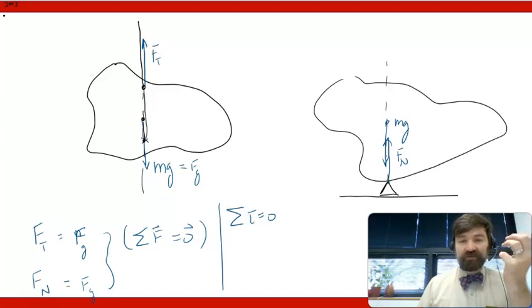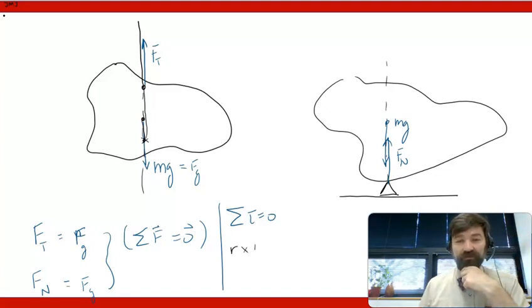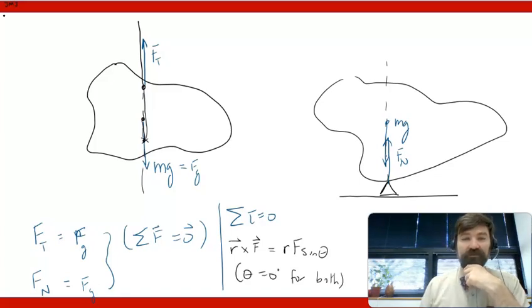And in fact, the direction is such that when I do r cross F for both, and therefore have r times F times sine of theta, you'll notice that theta is 0 degrees for both. And that means that the torque being applied by gravity and the torque being applied by the tension force along this axis in both cases is 0. And so essentially what that means is that I have no net torque, no net force.